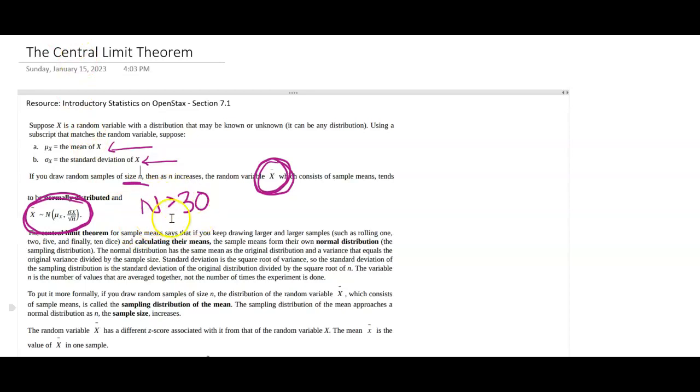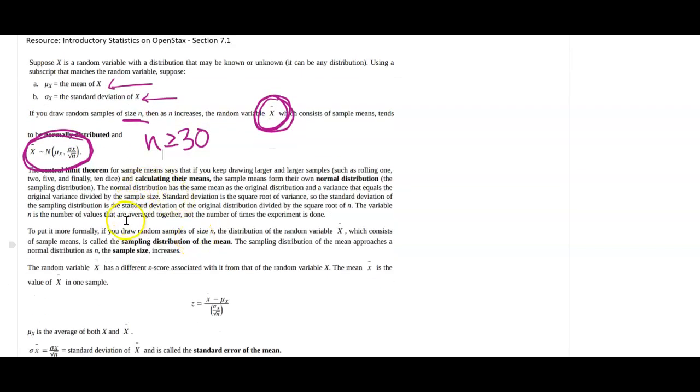This is, again, only true and only known if little n is greater than or equal to 30. So again, this is done by calculating the means of the samples and then figuring out what the distribution of those sample means would look like when you're drawing them from a population.